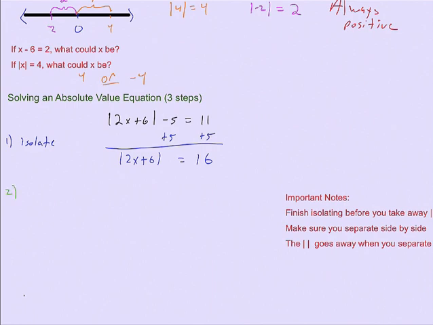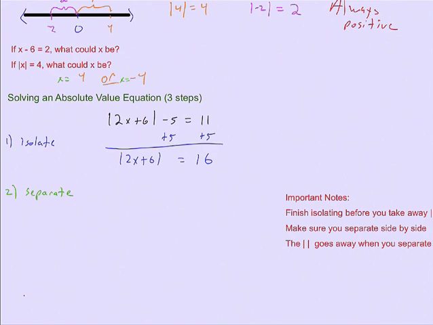Step number 2, and this is something you have to write out. You can't just skip this. We're going to separate the absolute value equation into 2 regular equations. Just like we set up here, if the absolute value of x equals 4, x could equal 4, or x could equal negative 4.